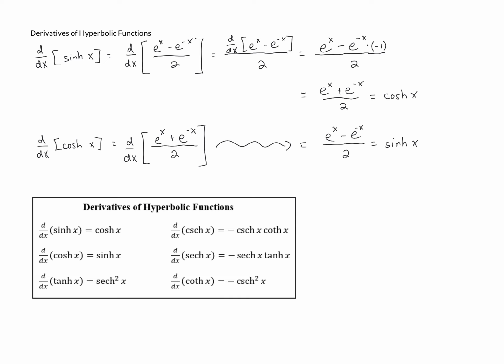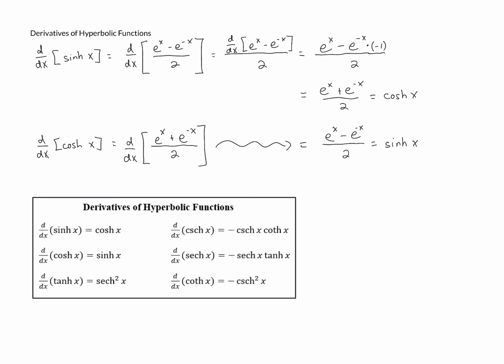And here we go. As we already saw, the derivatives of hyperbolic sine and hyperbolic cosine are hyperbolic cosine and hyperbolic sine, respectively. The derivative of hyperbolic tangent is hyperbolic secant squared, looking a little familiar to what we've seen before with trigonometric functions.